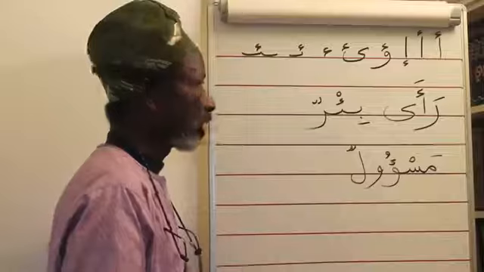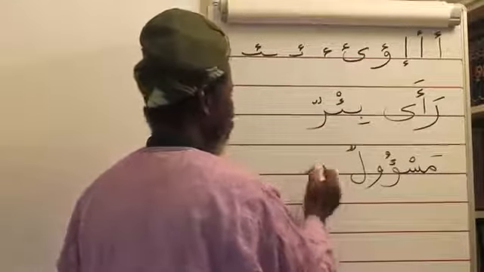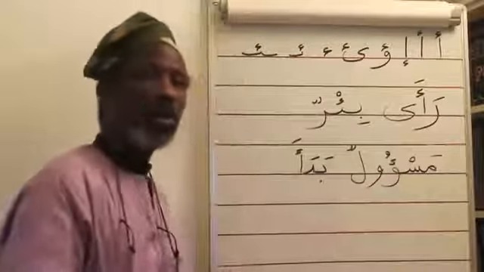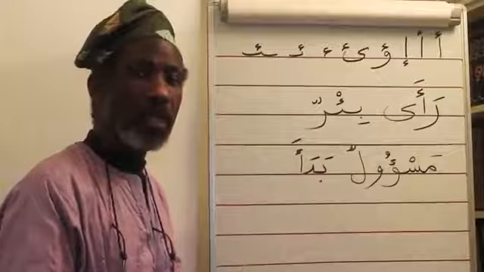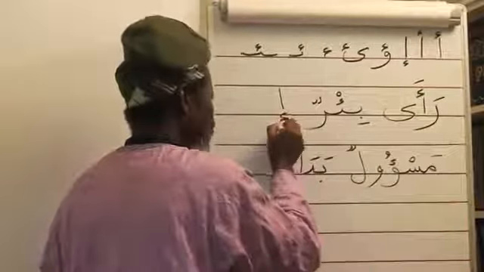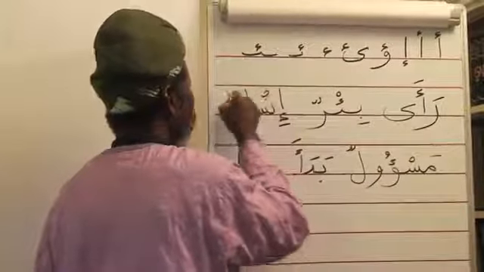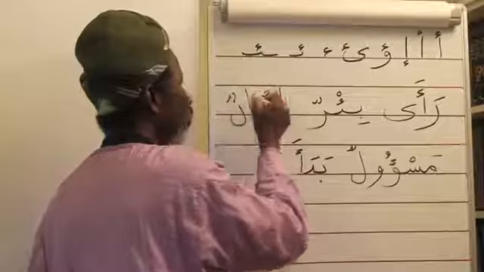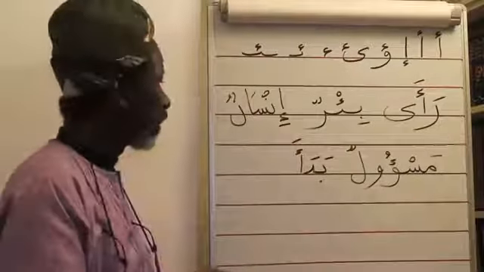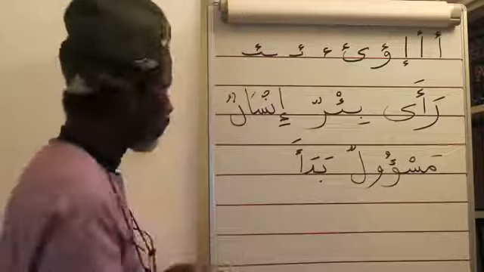Something like if I say bada'a. Bada'a. Sitting on the alif. Insan. Insanun is sitting below the alif. It can be sitting on the floor.